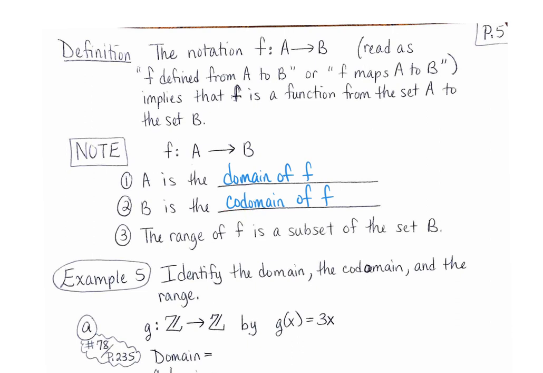If this is your set A and this is your set B, f is the function that maps A to B. The codomain is all of B, and the range is a subset. Not in the middle of it, it just lives inside of it. I just drew it that way.